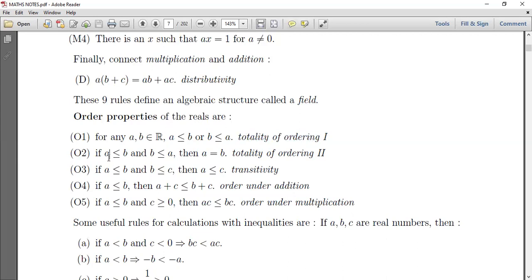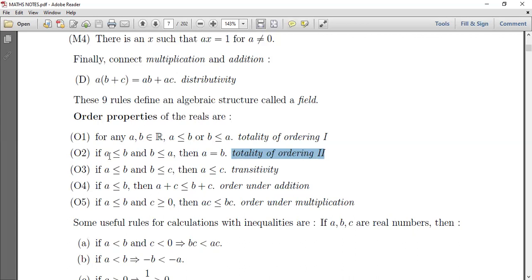Then if A is less than or equal to B, and B is less than or equal to A, then it means that A is equal to B. This is called the totality of order 2.